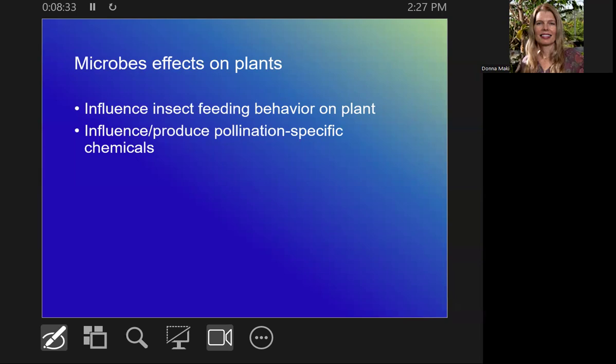It's actually the microbes in the soil, the presence or absence of those, that is making a difference. So it's not like the microbe has to be right next to the insect for this to happen. They're looking at pollination as well, that microbes, especially some of the endophytes, are influencing chemicals found in flowers and nectar.